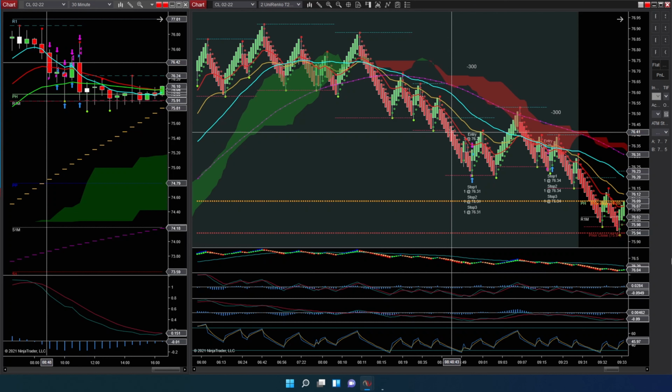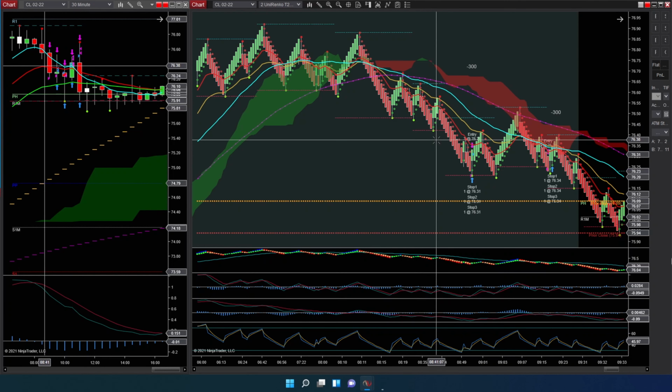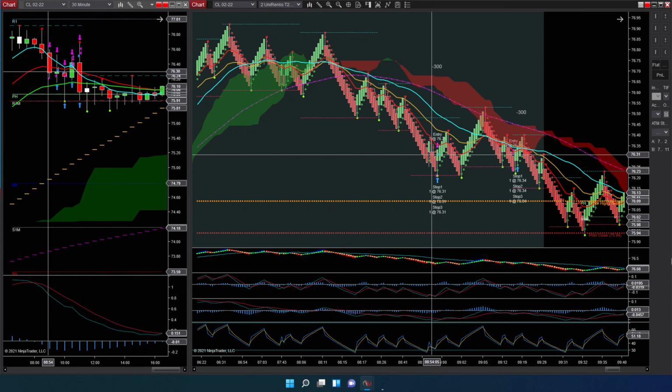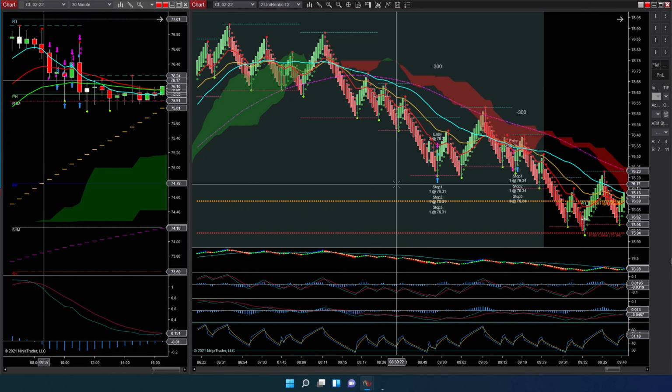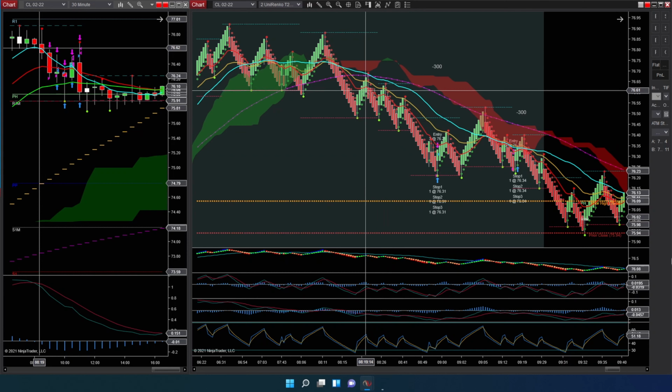So I didn't make any trade there. Then it finally broke to the downside. I didn't take this trade either because it was a counter trade in the higher time frame, the 30 minutes. But then I decided to take this one, which was a mistake. I took it right there when it reversed. It had already made the move.